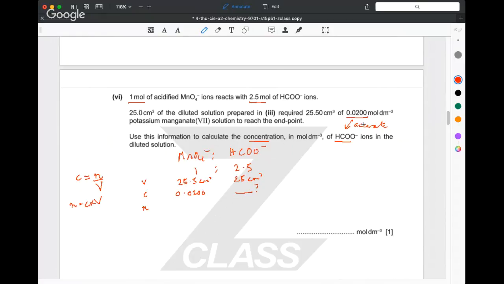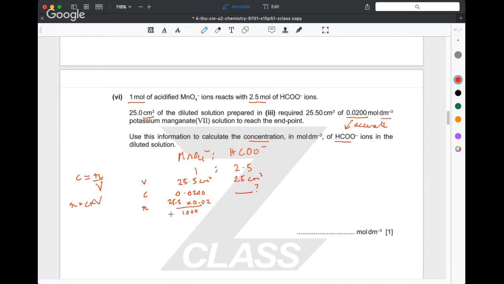But you just have to watch it, because the concentration is in moles per decimeter cubed, but the volume is in centimeters cubed. So you've just got to do a conversion factor to make sure you're always working in the same units. So the amount is 25.5 times the concentration, but divided by 1,000, so we're working within the same set of units.